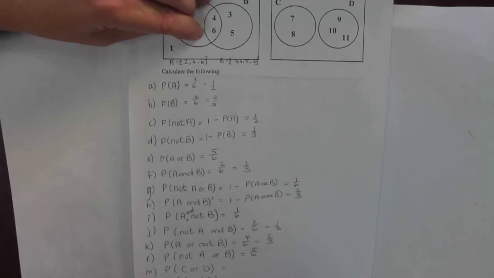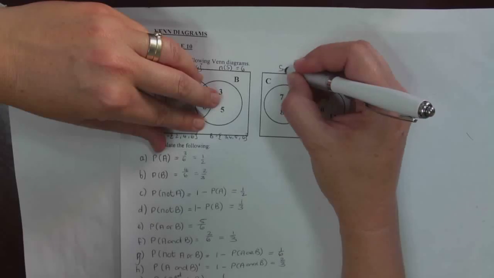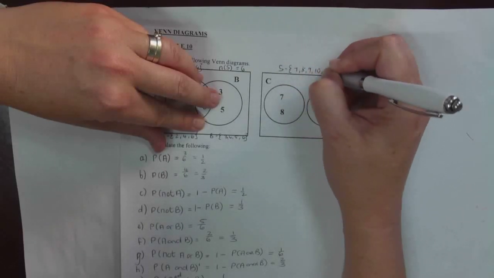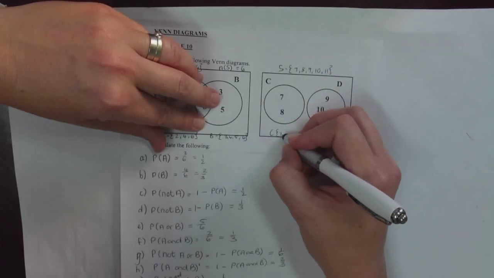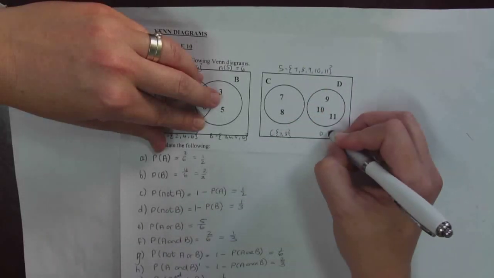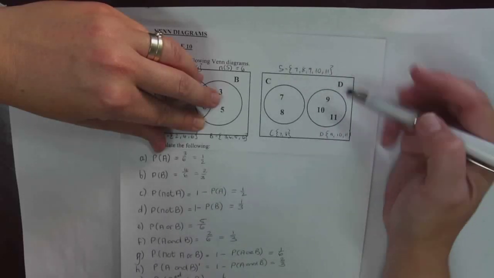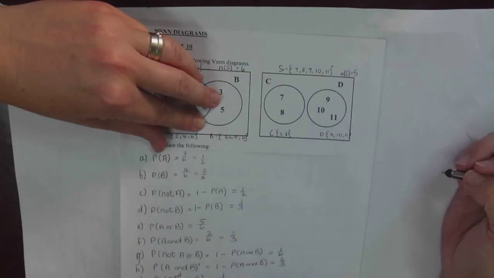Now we move to the second one. Let's look at this one first. So the sample space is 7, 8, 9, 10, and 11. Event C is 7 and 8. Event D is 9, 10, and 11. So there's a total of 5 numbers.